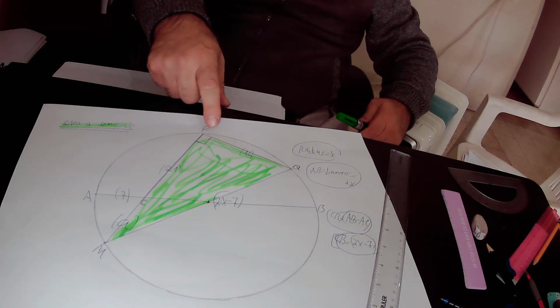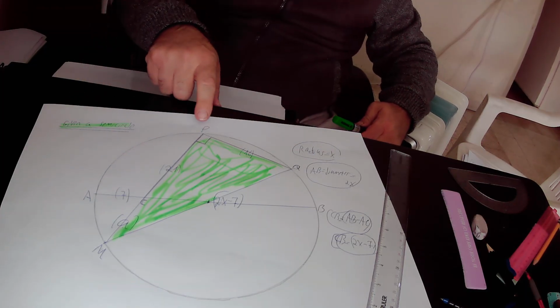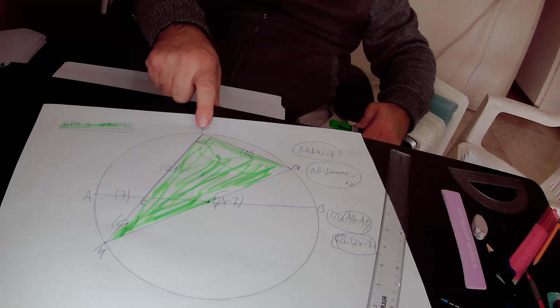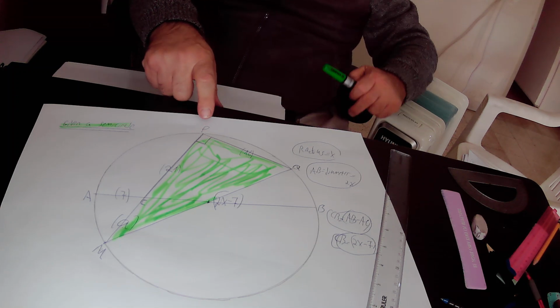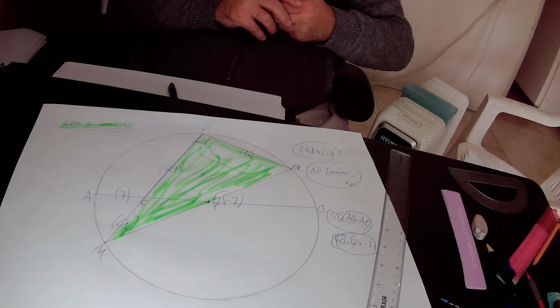This is peripheral angle MPQ. Peripheral angle MPQ equals 90 degrees in size, and it subtends on this arc called QM.